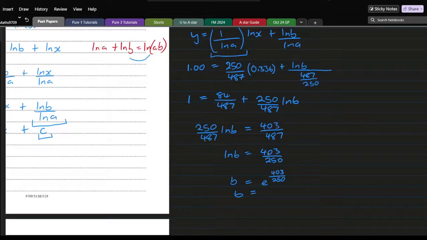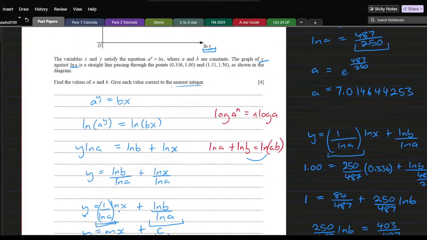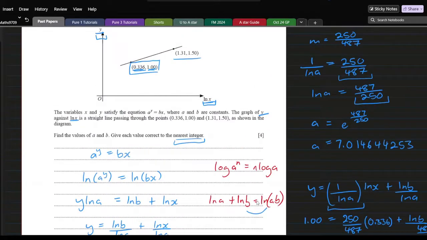Let's punch that into the calculator, that's the exponential of 403 divided by 250, and this gives us 5.012826863. Okay, we have been told that we should give each value correct to the nearest integer, so we can conclude that therefore a is equal to, what is a to the nearest integer, a would be 7.